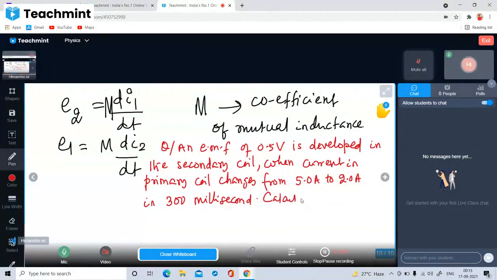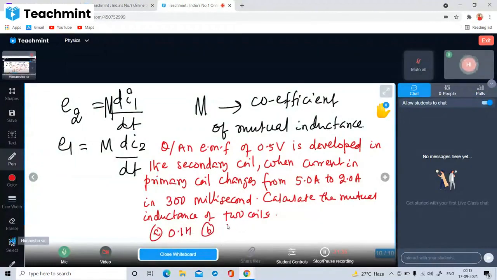Calculate the mutual inductance of the two coils. Options are: option A, 0.1 Henry; option B, 0.05 Henry; option C, 0.01 Henry; option D, 1 Henry.